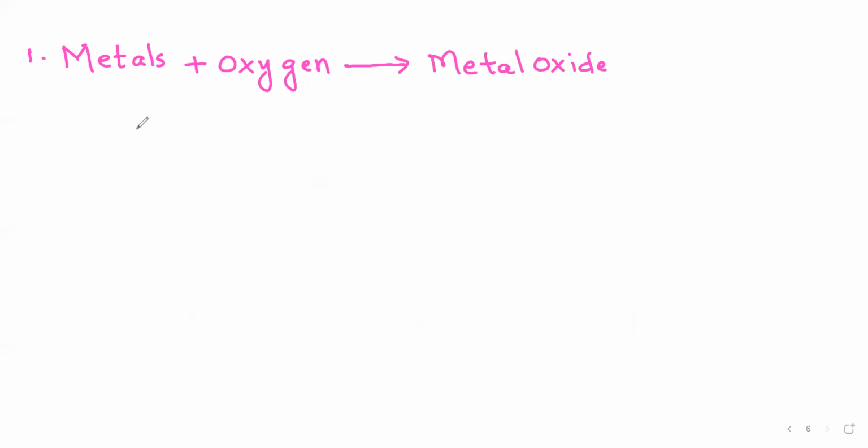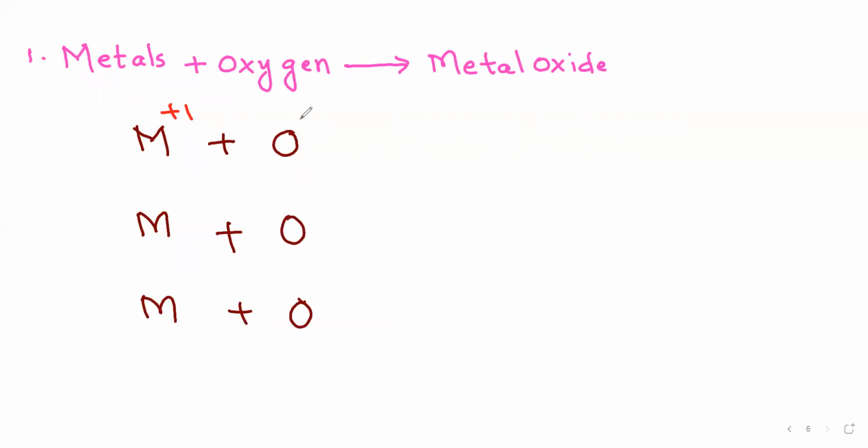I'll mention the metal as M, reacting with oxygen. As I discussed before, metals have three valencies: +1, +2 and +3. All react with oxygen, which is a non-metal whose valency is 2 minus.